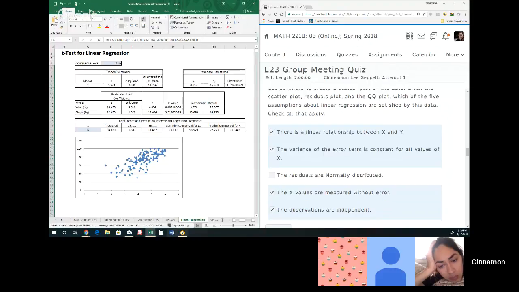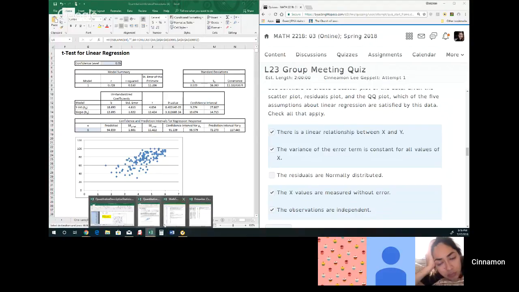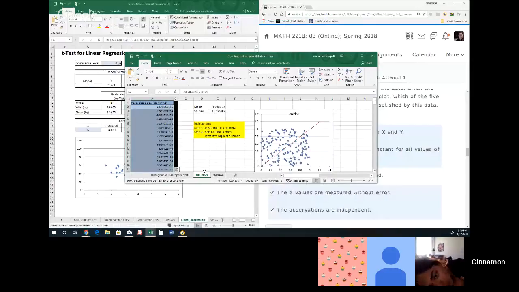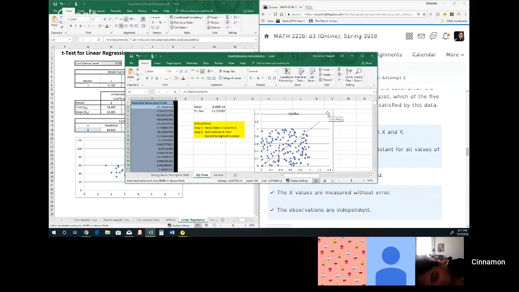Okay, so here's our QQ plot that we made. So we took the residuals. Here's our residuals, and this is the plot that it made. So it's everywhere, but I don't know how to make it line up. So is that not normally distributed?